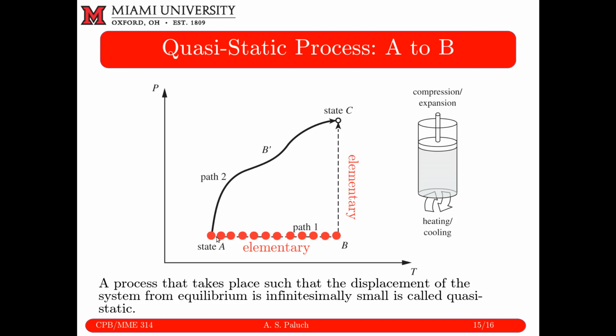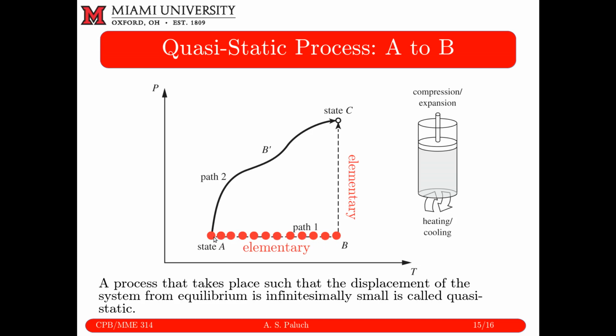So I'm going to change my temperature going from state A to state B in what you could think of as a slow, gradual process, where I can construct this quasi-static process in which my system remains in a state of equilibrium throughout.